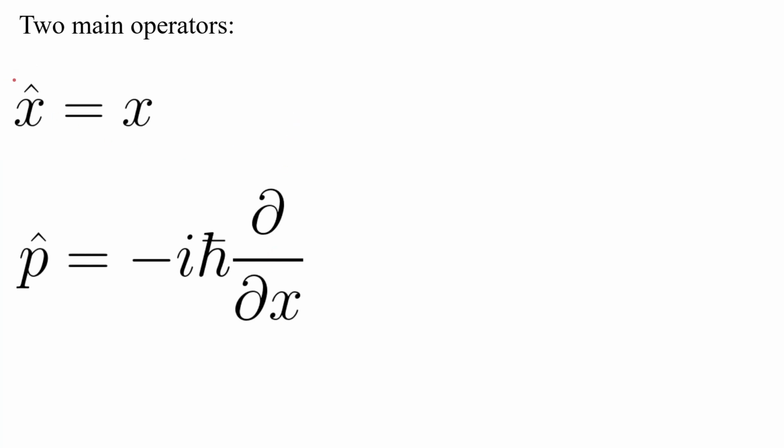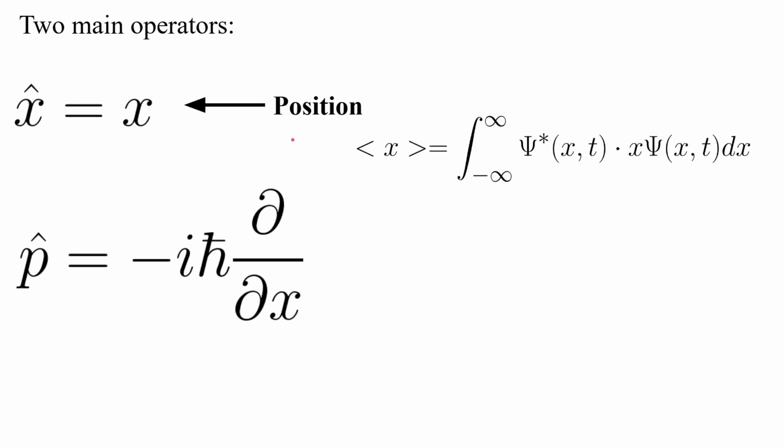So if we go back to this x hat equals x, right? This is going to be the position operator. So the expectation value of x is going to be equal to the integral over all space of the complex conjugate of psi times x hat acting on psi of x,t, dx.